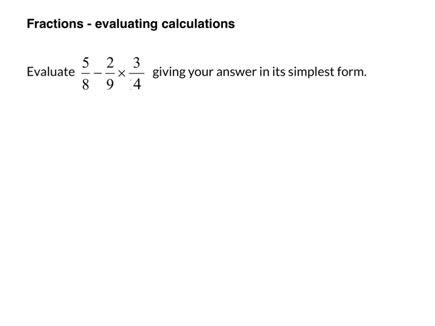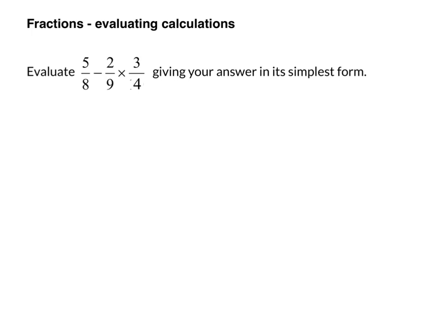In this first question here, I have got evaluate 5/8 minus 2/9 times 3/4, giving your answer in its simplest form. I need to evaluate this, but I need to note there is a subtraction and a multiplication in this calculation. You should know already that multiplication and division take priority over addition and subtraction in calculations.